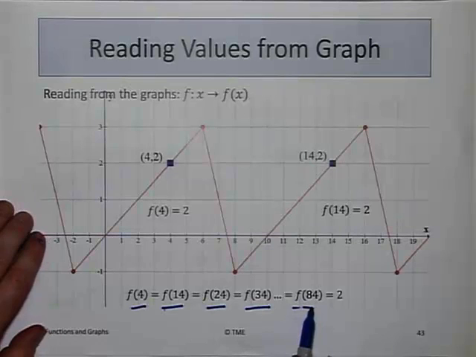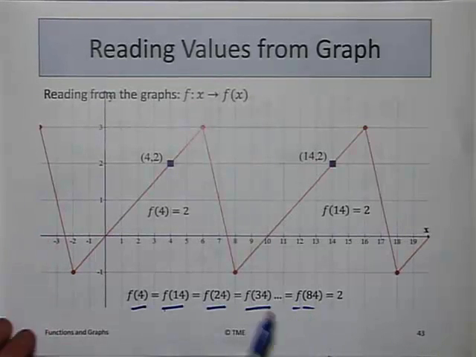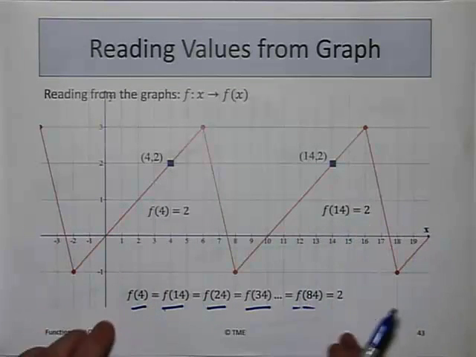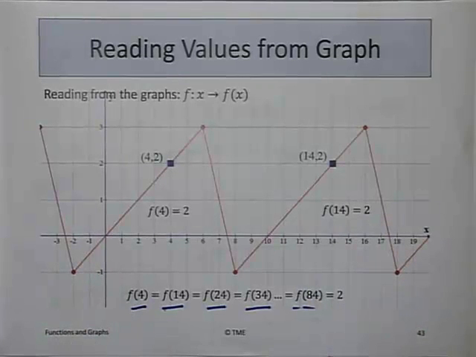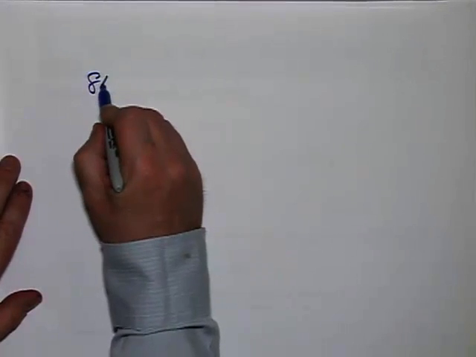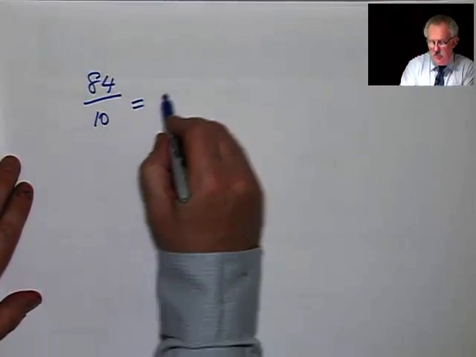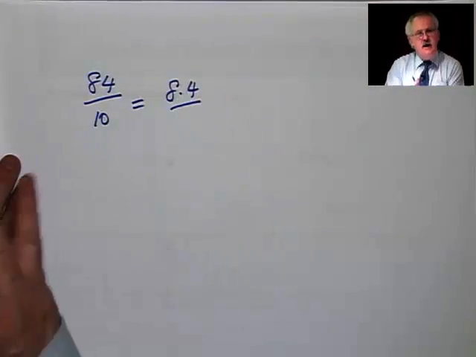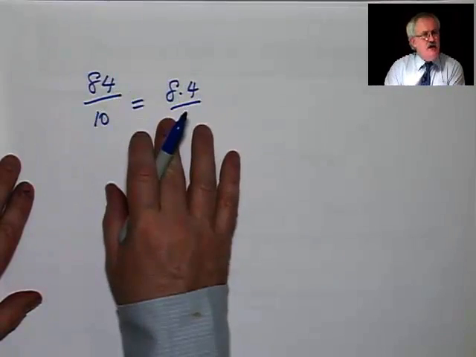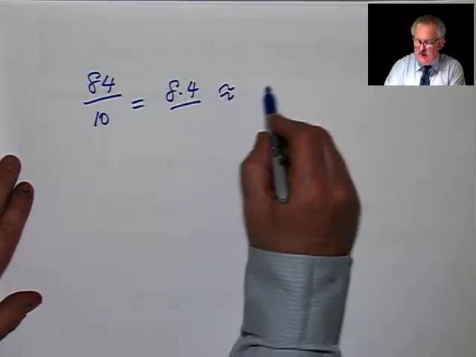So if I were to draw that, it looks like f of 4 is f of 14, 24, 34. It must be 84. So all I have to do is find out how many periods there are between this and 84. Well, 84, given that they're 10 long, is 8.4. But they must be integer values, so really what I'm saying is it's 8.